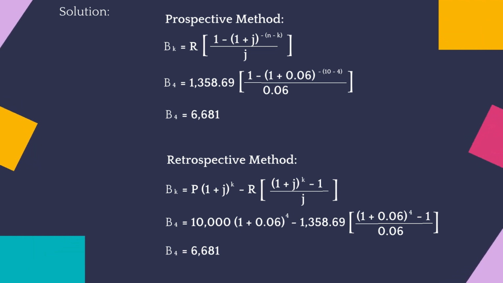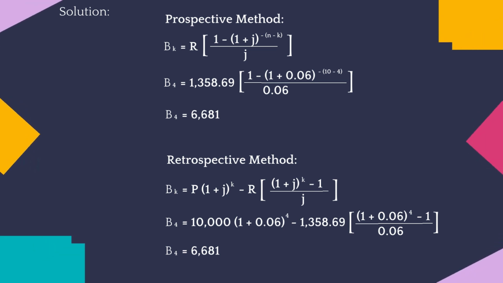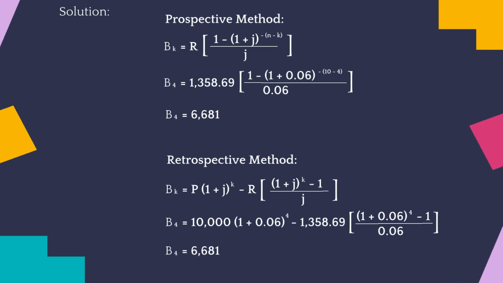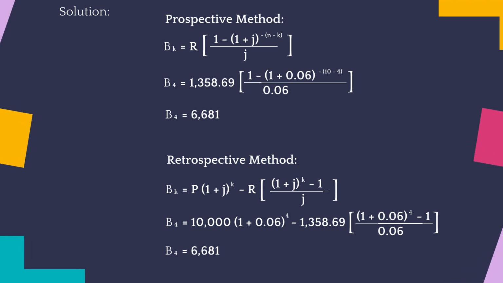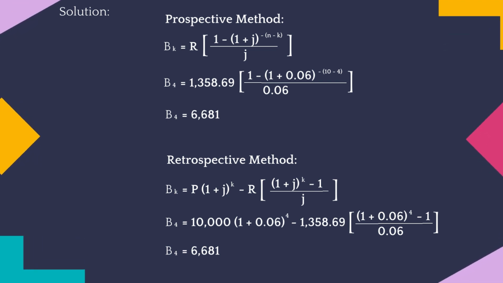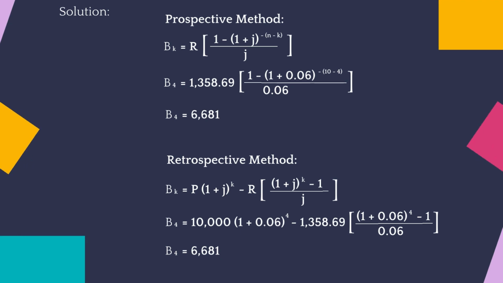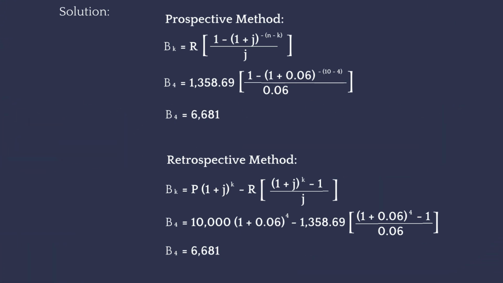So let us calculate all the values. So the answer is B4 equals $6,681.02. Therefore, the amount of the loan left right after the fourth loan payment is $6,681.02 using the retrospective method.